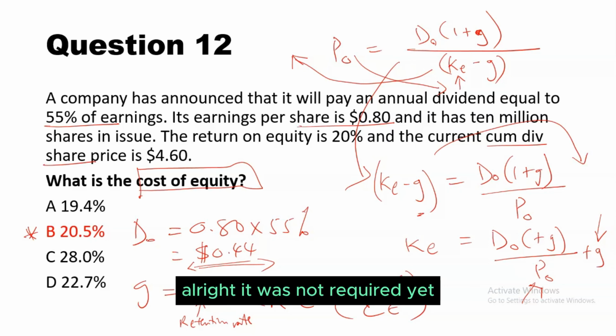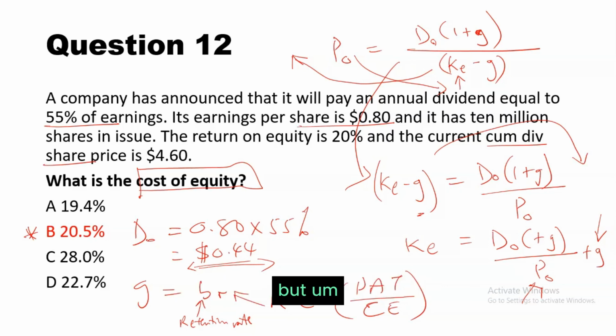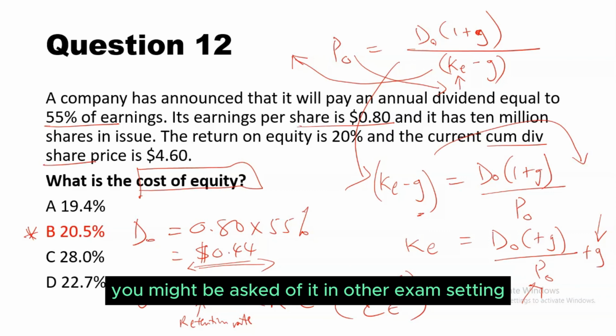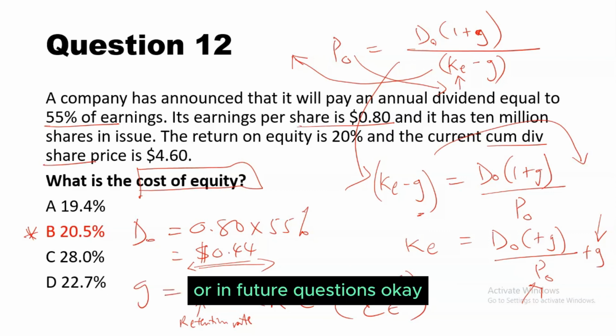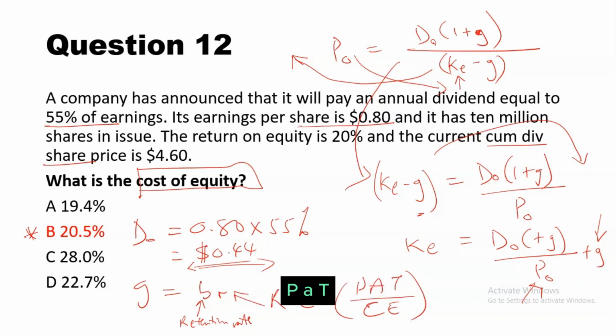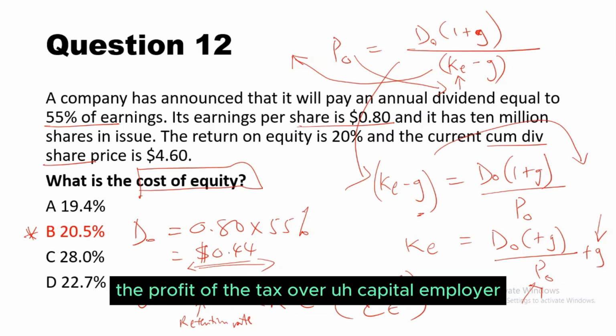All right, it was not required here, but you might be asked of it in other exam settings or in future questions. Okay, PAT, that is the profit after tax over capital employed.